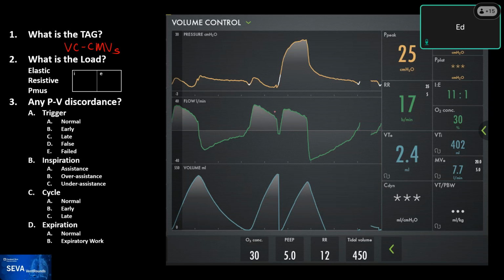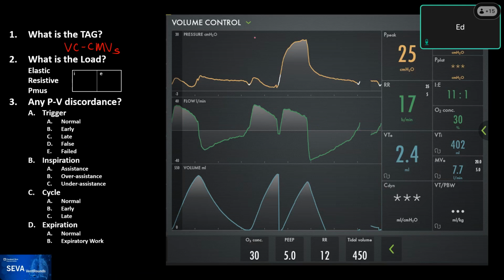The second is that the sensor is at the Y. The third is that this is a simulation that the ventilator generates to tell you that there is Pmus, and this is how the flow would actually look if it was measured at the Y. The answer for this particular ventilator, and we talked to the engineers for this ventilator, is that this is a simulated waveform. It simulates what it would be if it was measuring at the Y.